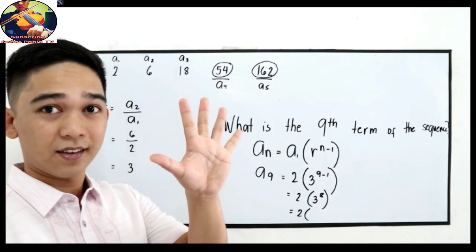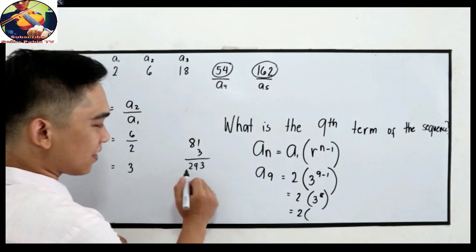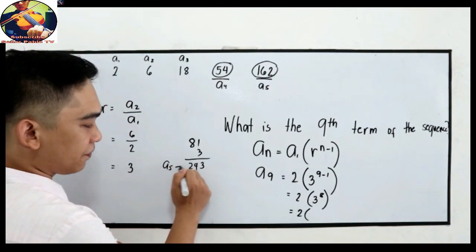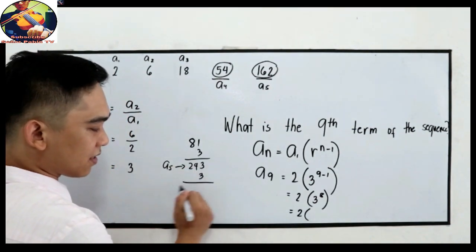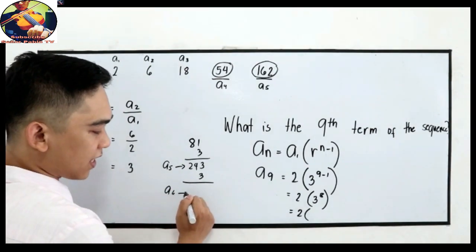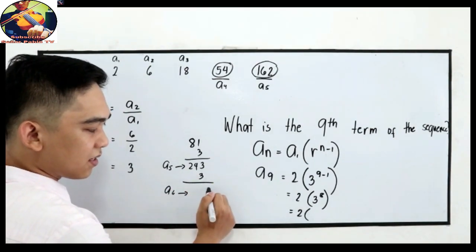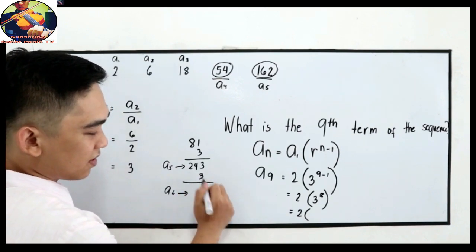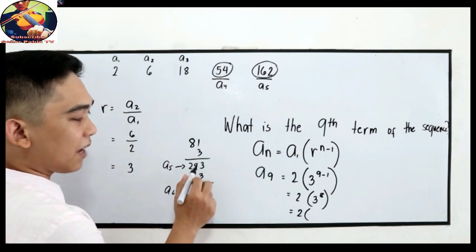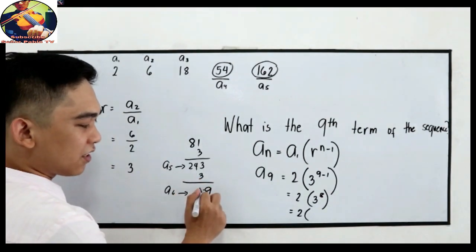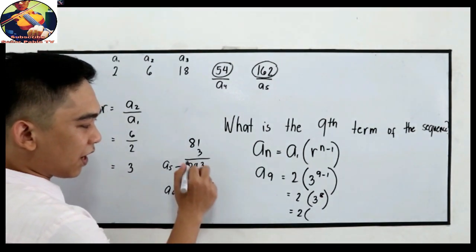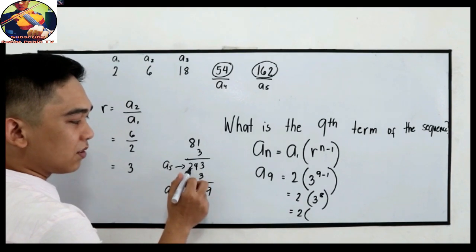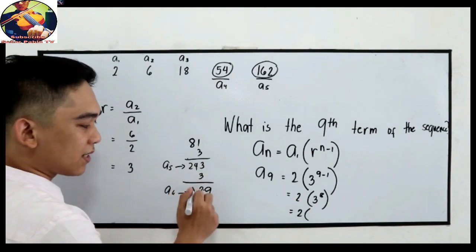Yung pang fifth. Fifth pala. Next, yung A5. Para makuha si A6, times 3 ulit. So, 3 times 3 is 9. 3 times 4, 12, carry 1. 3 times 2, 6 plus 1, 7, 2, 9.